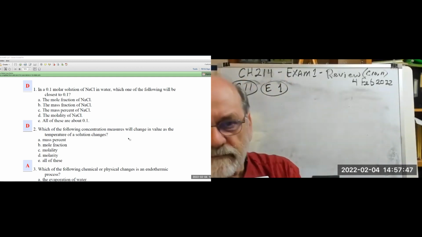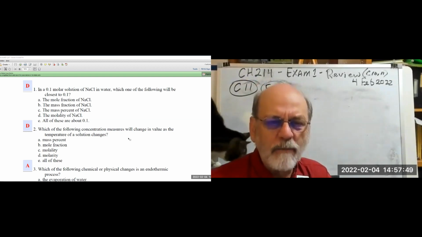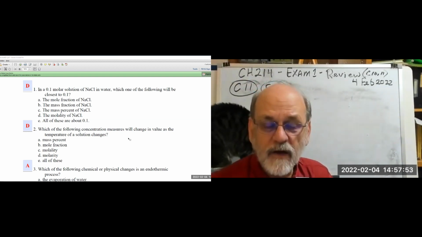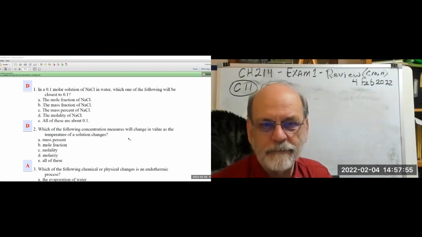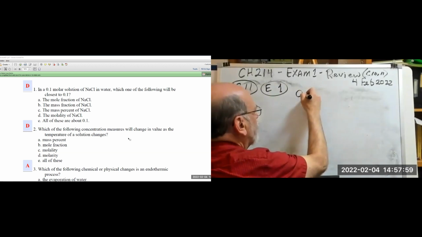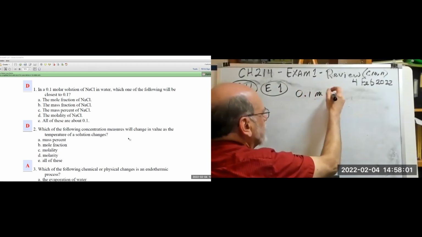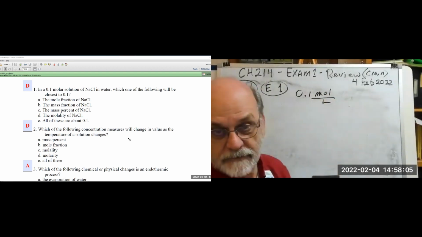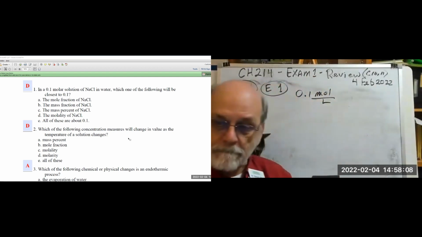Okay. In a 0.1 molar solution of sodium chloride in water, which one of the following will be closest to 0.1? What do we mean by 0.1 molar? 0.1 moles per liter. Okay.